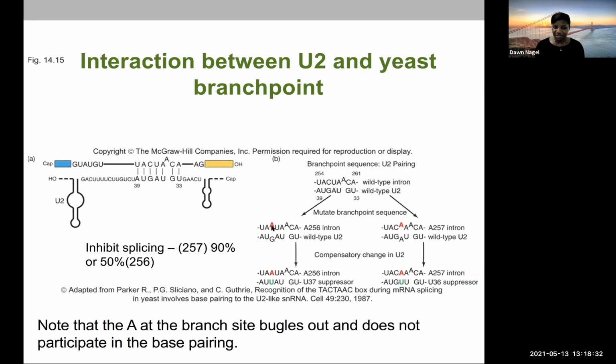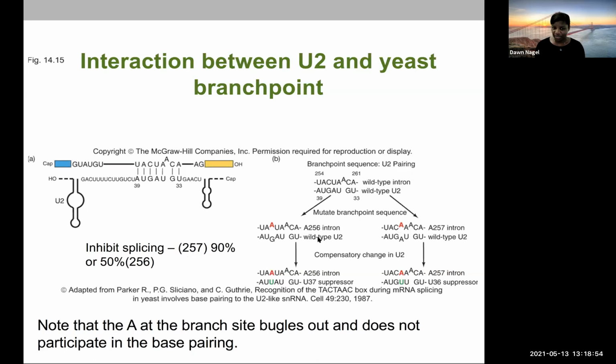However, if this mismatch is just one nucleotide over, so instead of the C, it's the A, you will still have the association, but you will inhibit splicing by 90%. So you have a greater inhibition, right? It's closer to the branch point, so you have greater inhibition.